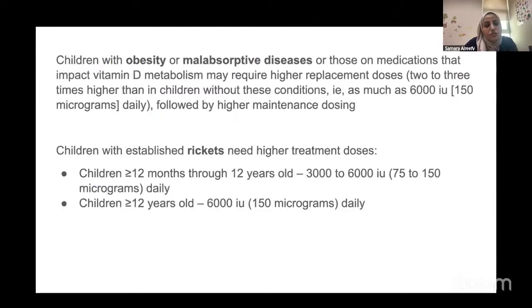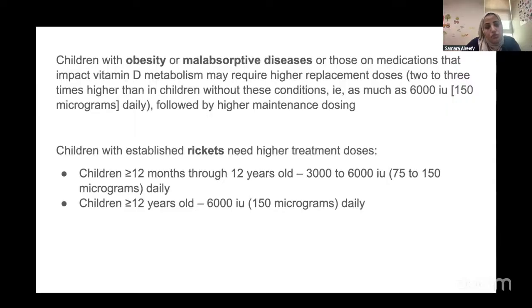Now, high-risk children, those with obesity or malabsorptive disease, or those on anticonvulsant medications that impact vitamin D metabolism, require higher replacement doses, almost 2 to 3 times higher than normal children. So we can start them on 6,000 international units, followed by a higher maintenance dose.